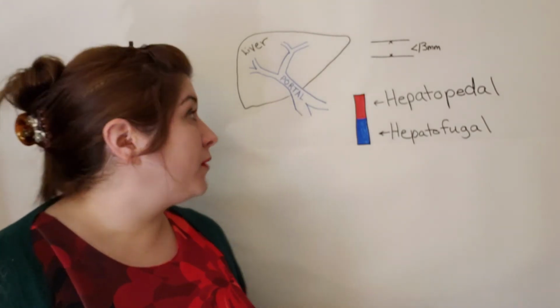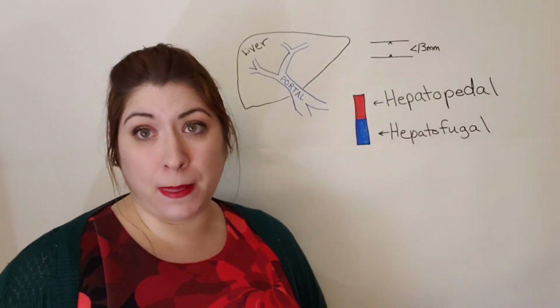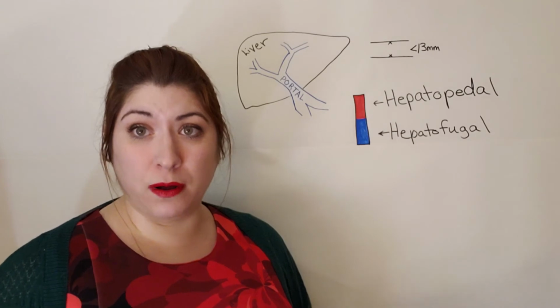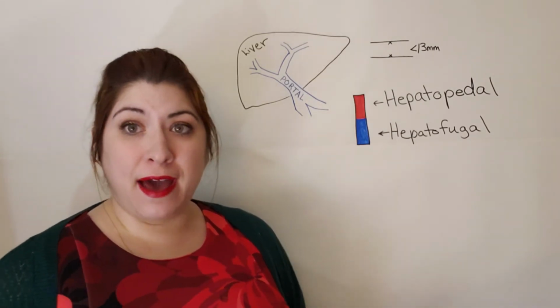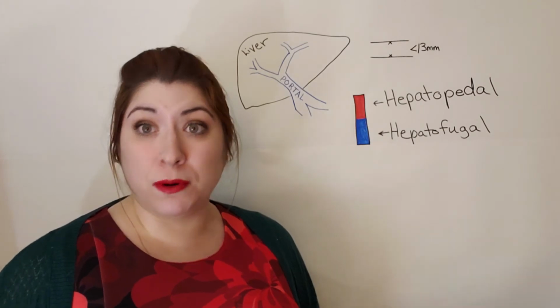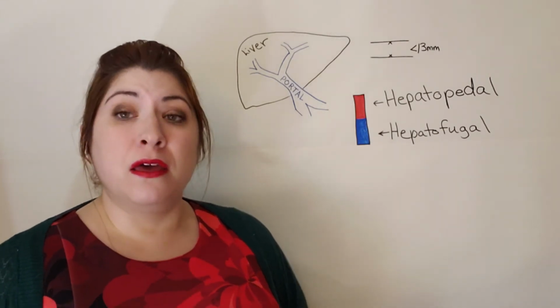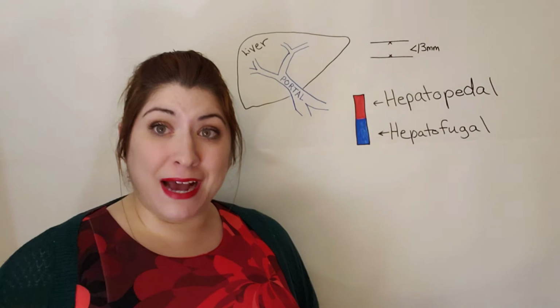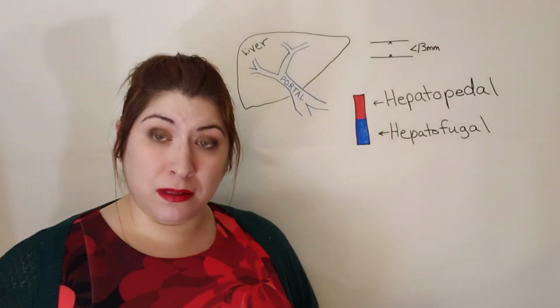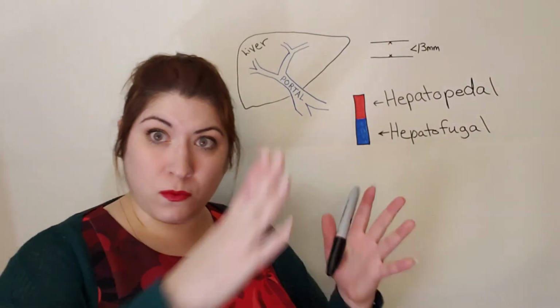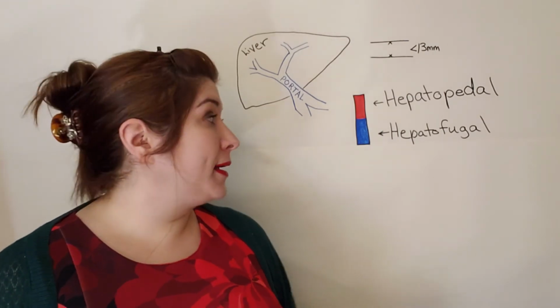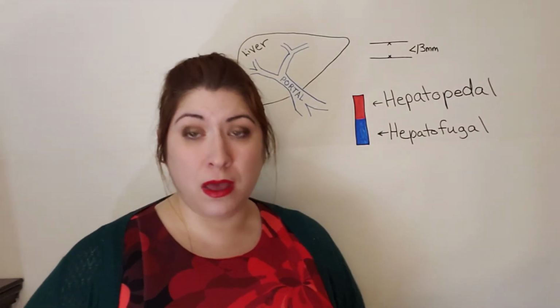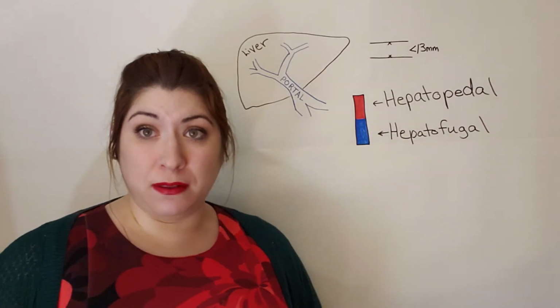That's what we refer to as hepatopetal flow, and that's the normal flow for a portal vein. Now, if they have pathology, if they have portal hypertension, let's say, then the blood flow is going to actually reverse and be going out of the liver because it's blocked from going where it needs to go. And that's going to be referred to as hepatofugal flow. So that's going to be flow away from the liver.